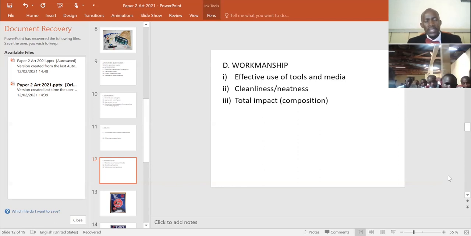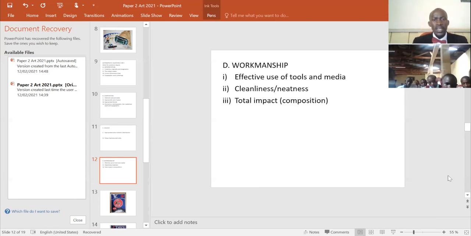So it makes the work dirty. And what happens? In that case, you are penalized for the use of media. You did not use the correct media and tool in creating your work. So you lose the marks in the effective use of media.